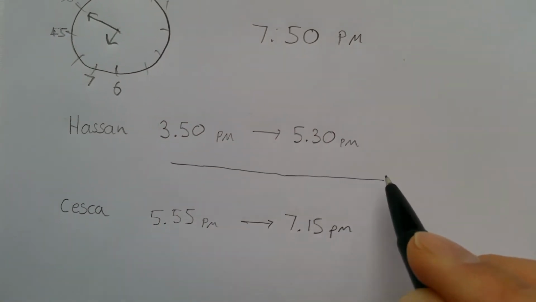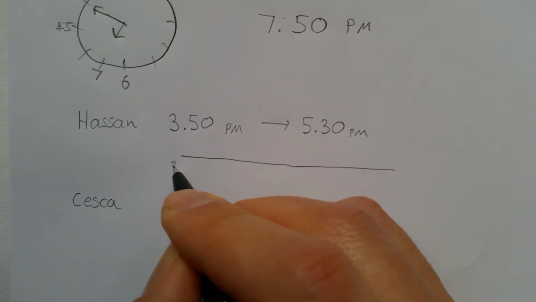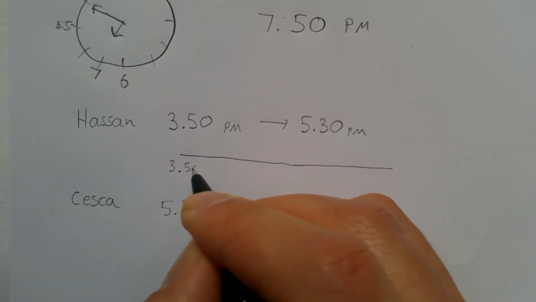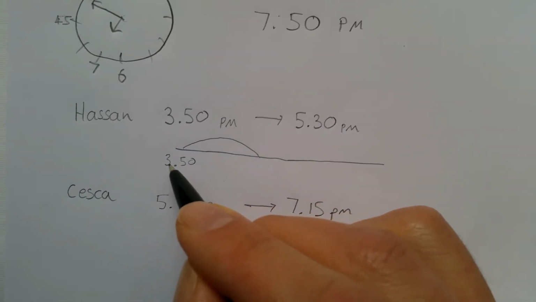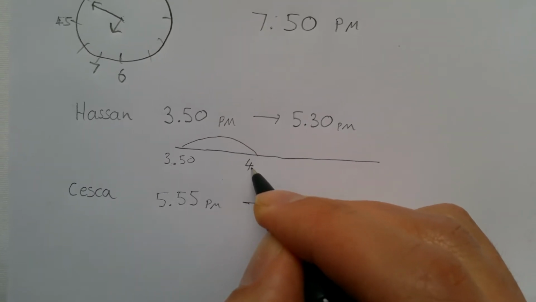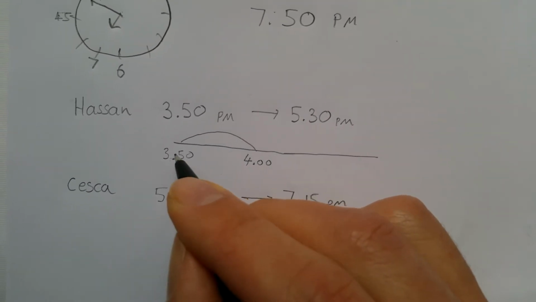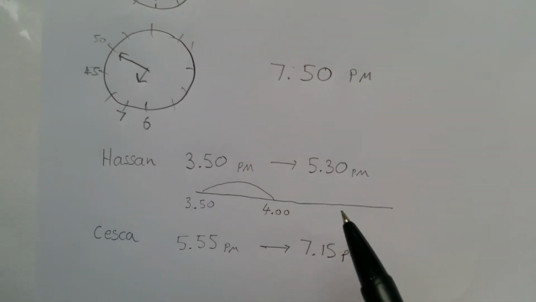And I'll do Hassan, and you can have a go at Seska's. So this is what I do. I write down his start time here, 3:50. And then I'd work out how many minutes he read for to get to the next hour after 3:50. So the next hour is 4 o'clock. So from 3:50 to 4:00, well, that's just 10 minutes.